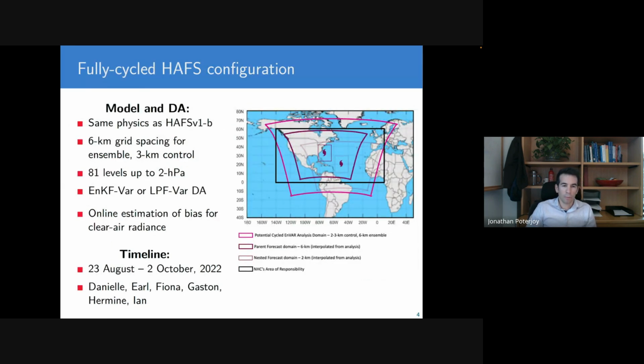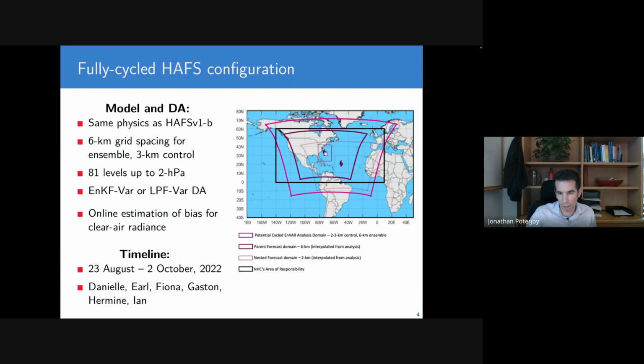And so for our work for HAFS, what we're essentially doing is we're taking our current operational setup, which is represented by these dark maroon colors on the left over here for the domains, where we have this large parent domain and then a high resolution nest.